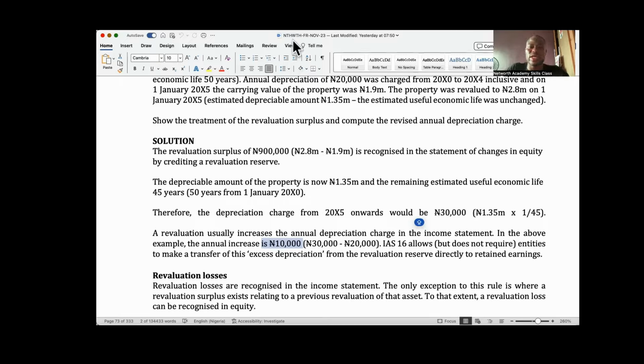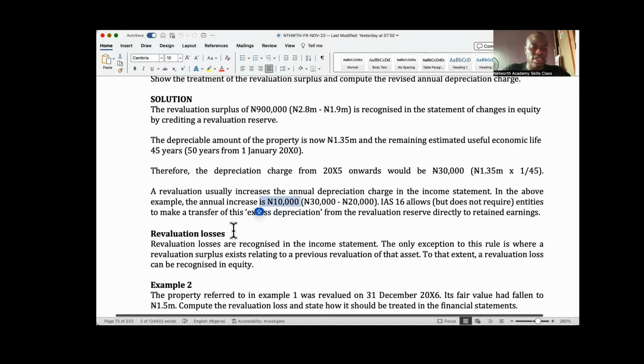In fact, in your exam, if the examiner does not ask you to do it, don't even bother, except the examiner specifically tells you that this company usually transfers excess depreciation. Losses are recognized to P&L, except if it's reversing an earlier surplus.